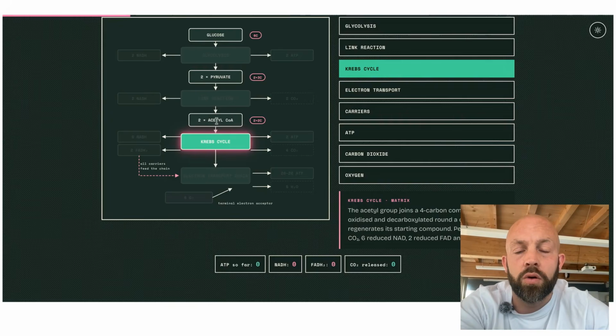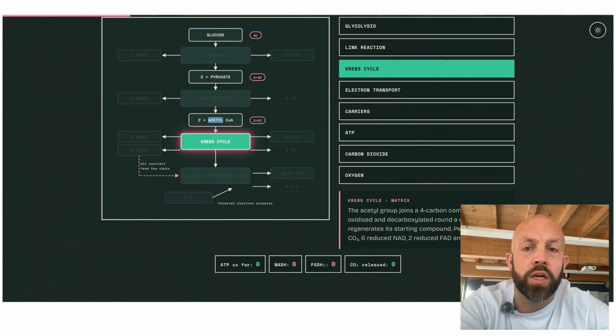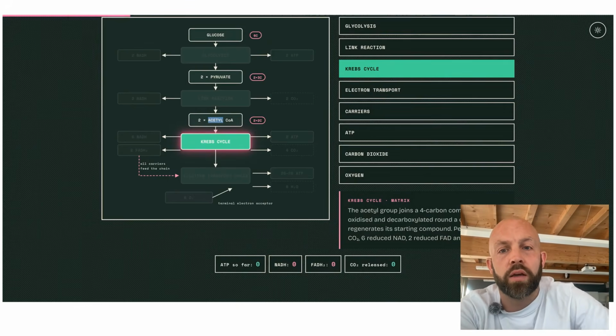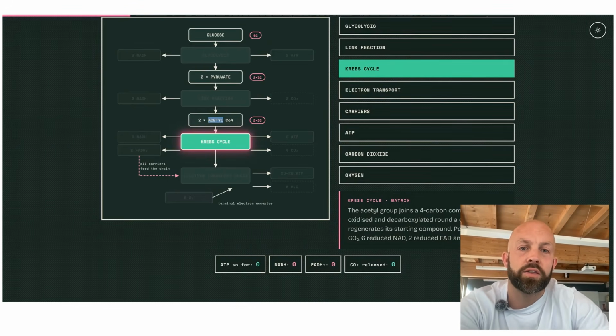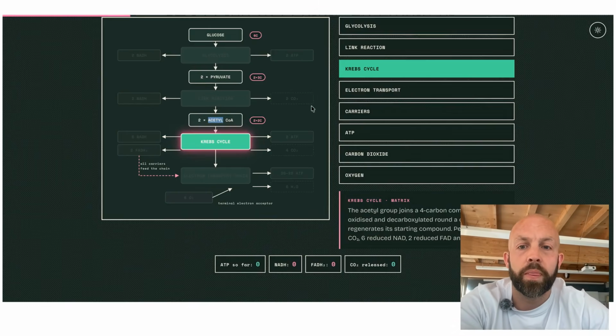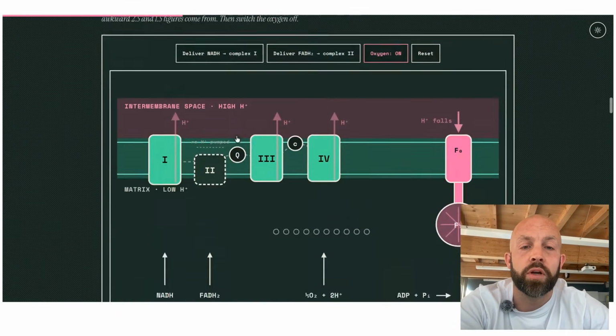So acetyl is produced. It's a 2-carbon compound at the end of the link reaction, and coenzyme A helps make that available. So you have acetyl coenzyme A, or acetyl-CoA. And you can think of CoA as a molecule that's just helping acetyl get to where it needs to go. And it's going to be bonded to a 4-carbon compound.